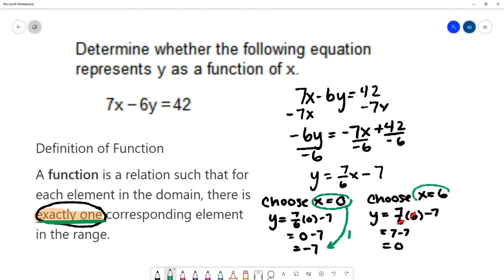So for this value of x, I got 1 y, exactly 1 y. So hopefully you're seeing a pattern here, that if I choose a value of x, there's only one way to work out what y is. And so this equation is a function.